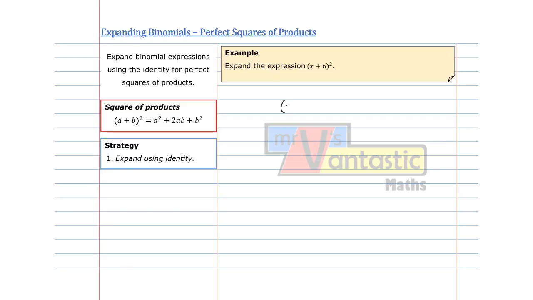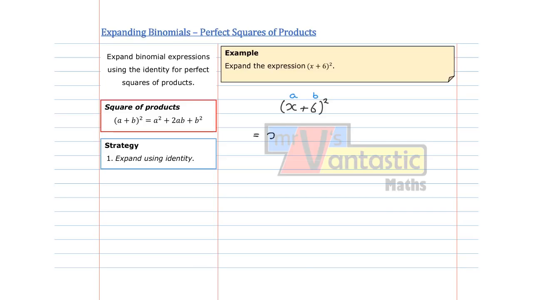So we have the expression (x + 6) squared, and if we match it up with the equation, x would be what we called a and 6 is what we call the b in the rule. And so we can expand this out using the identity. So a squared in our equation is x squared.